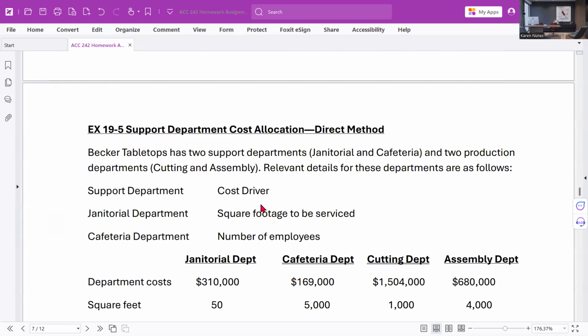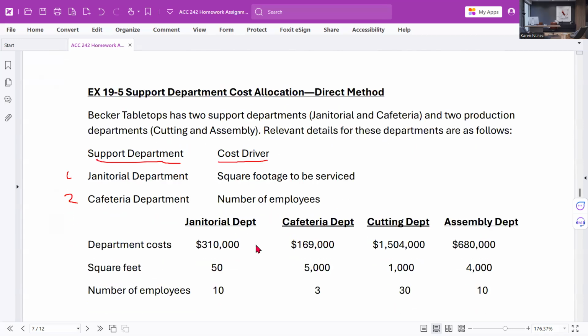And what we need to do is allocate these two support departments, right? Janitorial and cafeteria, right? We've got one here and one here. And both of these need to be allocated based on these cost drivers, square footage and number of employees.